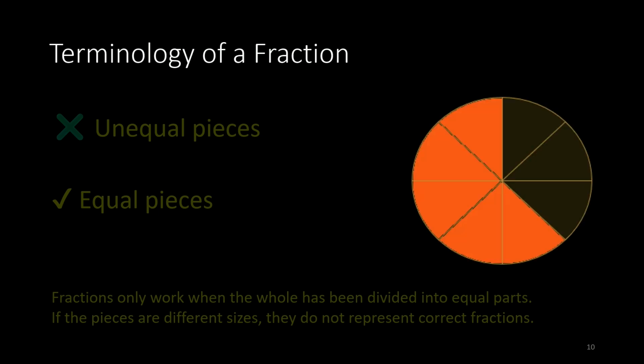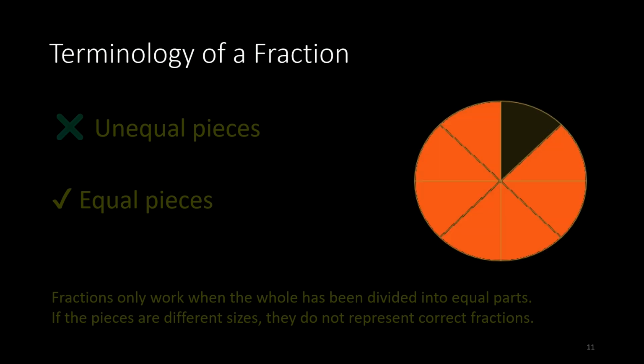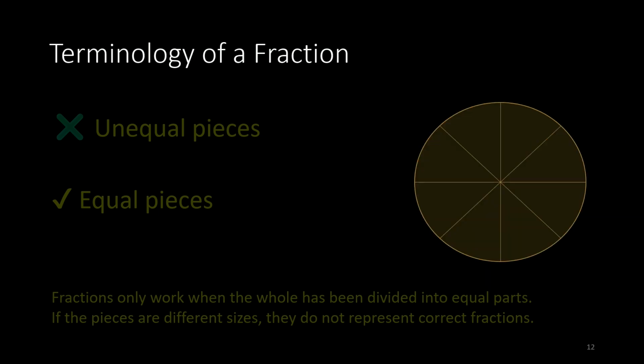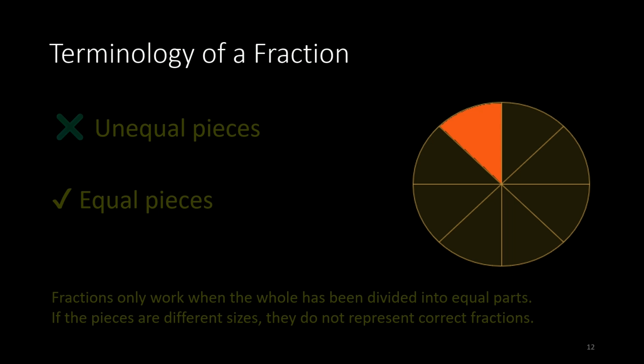Here, 3 parts are shaded one color and 5 parts are shaded another color. And here, 7 out of 8 are shaded one color and 1 out of 8 are shaded another color. And similarly here, we have 1 out of 8 shaded one color and 7 out of 8 shaded the other color.